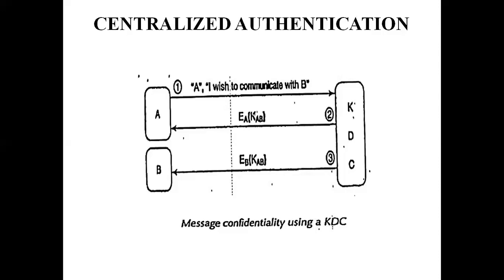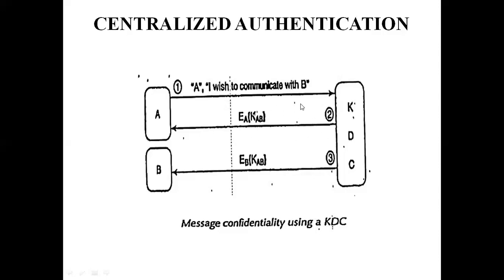I think what I have explained about centralized authentication is clear. Once again, I am going to summarize this. In message 1, A informs the KDC that it intends to communicate with B. The KDC generates a random secret key K of AB and dispatches this to A and B. Message 2 is encrypted using the long-term secret KA that A shares with the KDC.